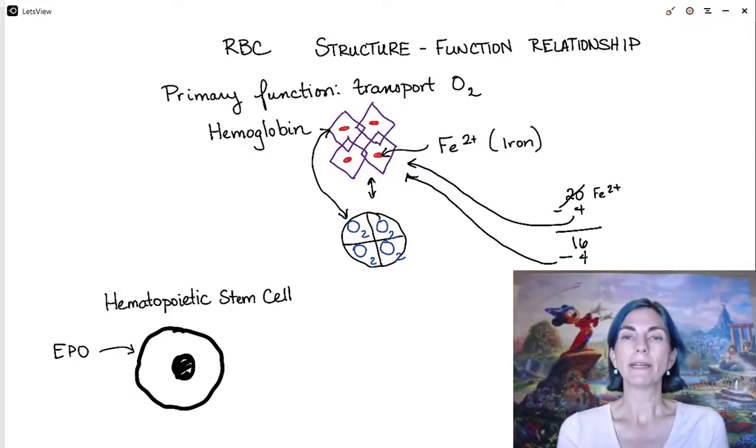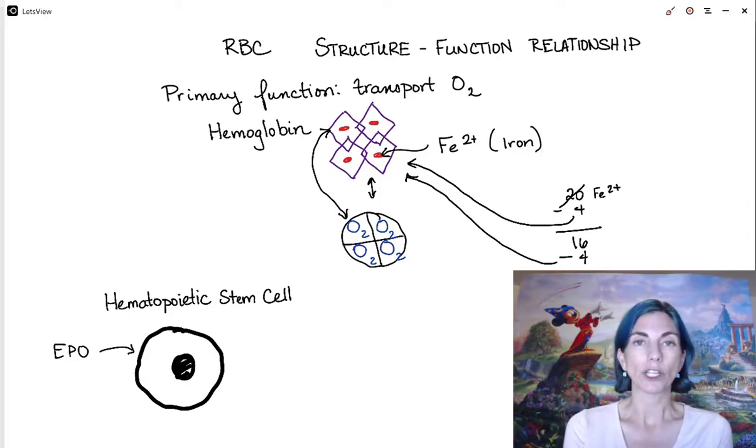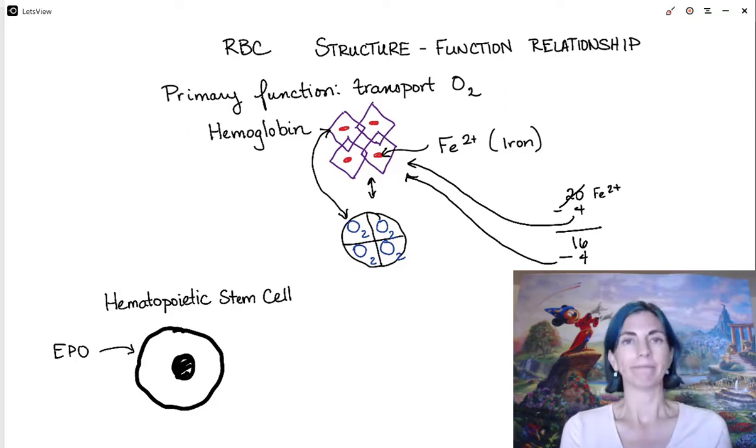So what happens if I'm limited in my iron? I don't have enough iron. Then I can't make all the hemoglobin that I really want to be making, which will limit my ability to transport oxygen to my cells. An analogy to that limiting nutrient is this. Let us say that I ask you to make 10 cakes, and I give you unlimited flour, as much flour as you want, but I only give you 2 eggs.